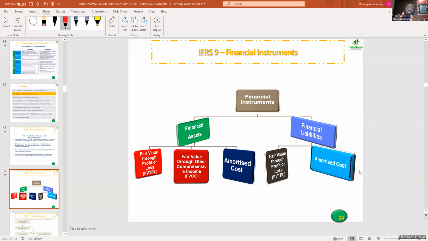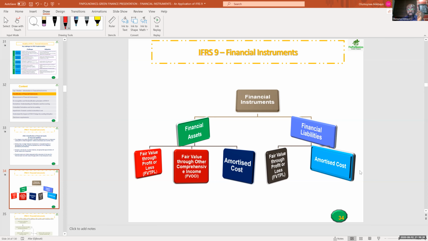Amortized cost is a combination of the other 2 buckets under IAS 39. What are the 2 buckets? Held to maturity and loans and receivables. Those 2 buckets were collapsed into amortized cost.